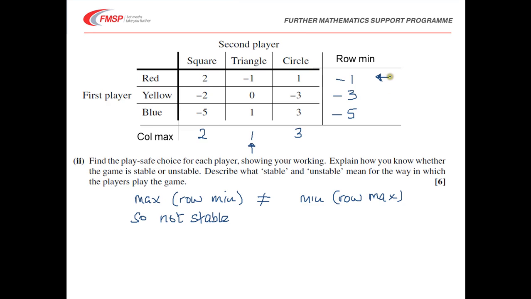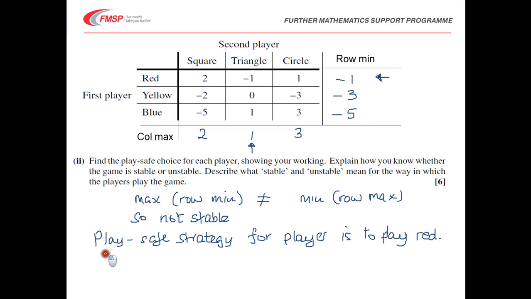So this was red. So the best thing that the first player can do is choose red. So we better write that down. So the play safe strategy for player 1 is to play red.